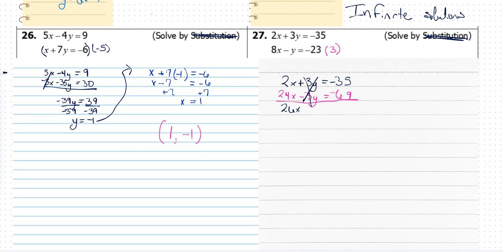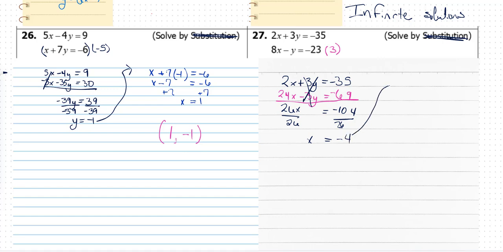My y's cancel out. -35 plus -69 is going to give me -104. And when I divide both sides by 26, x is now equal to negative 4.